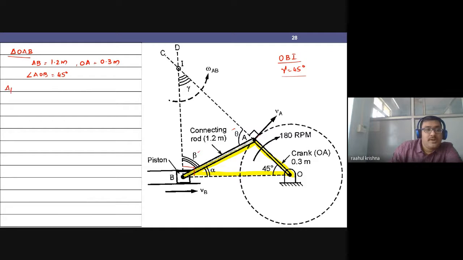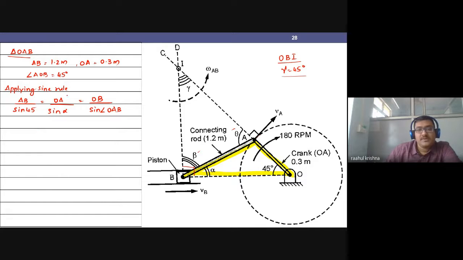Applying the sine rule, I have AB upon sine 45 equal to OA upon sine alpha, equal to OB upon sine of angle OAB.